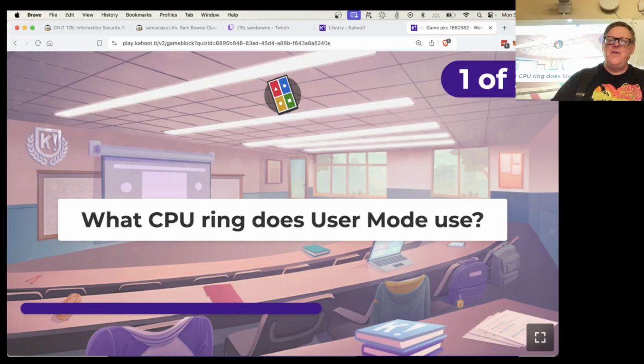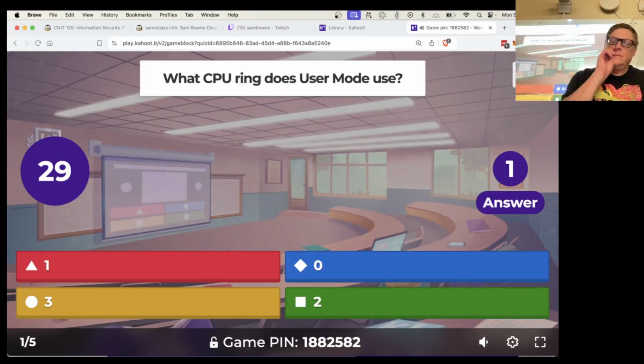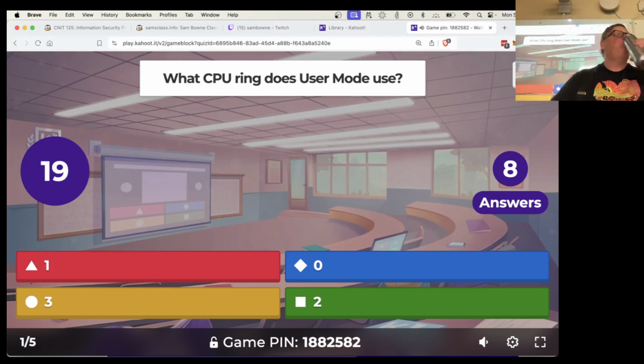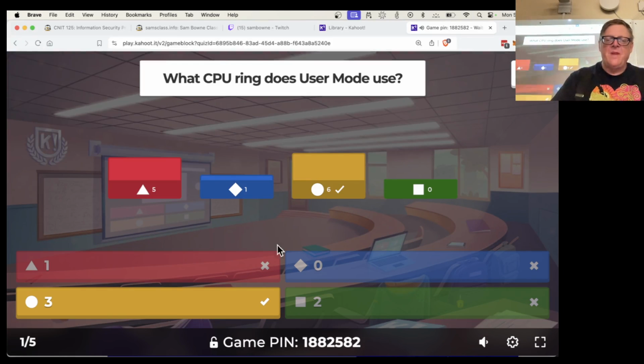All right, so what ring is user mode? Ring 3. Rings 1 and 2 are never used. It's only 0 and 3, and user mode is 3.